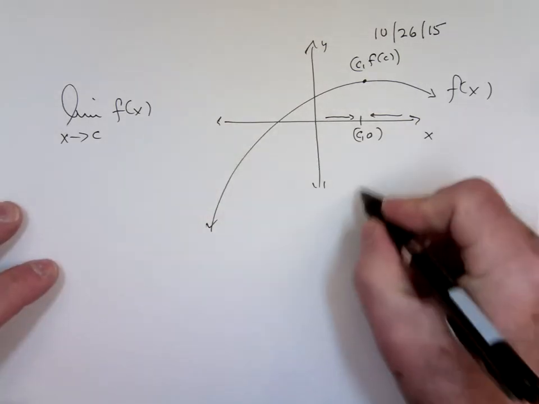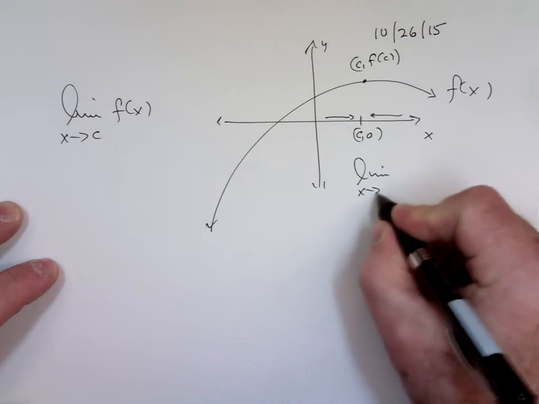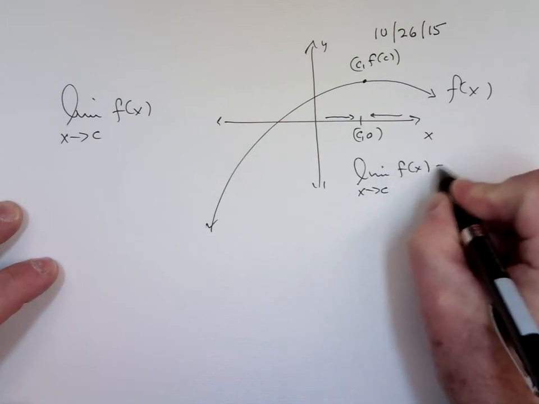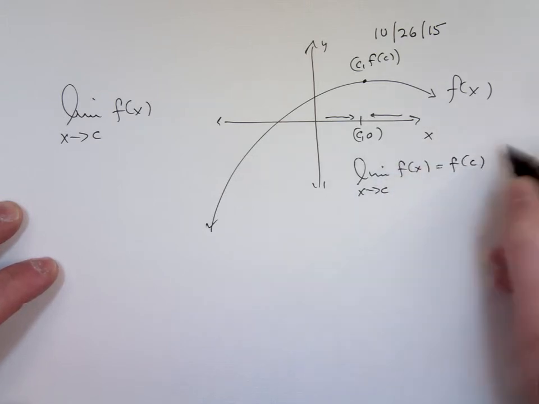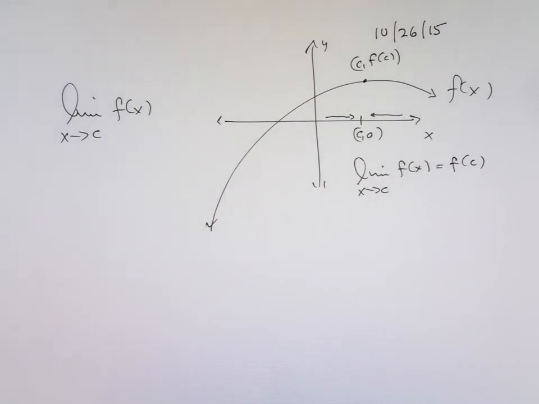The limit of this function as x approaches c is f of c. There's nothing strange happening there, okay? It's not a point of discontinuity. As long as the function's continuous there, that is the limit. You just substitute in. You'll have homework on WebAssign. That's going to be the same thing.